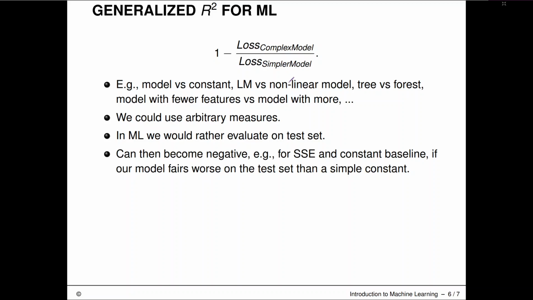Or we could even compare what happens when we go from a tree to a forest, or from a model with fewer features, so a constant model is also a model with very few features, 0 features, to a model with more features. Or we could even use different performance metrics, for example the L1 loss instead of the L2, to generalize the idea further.